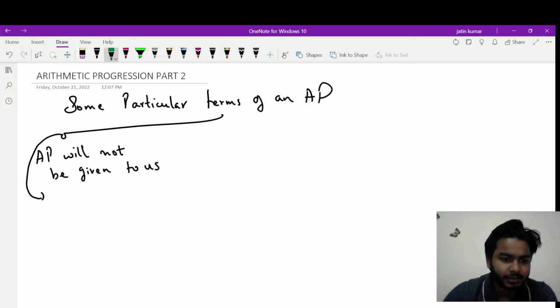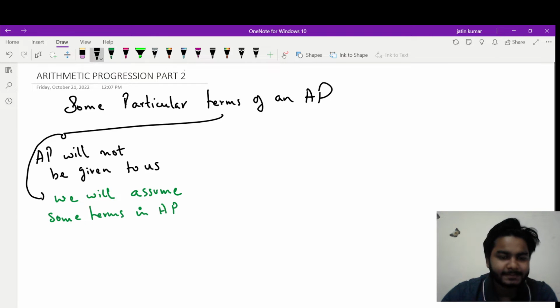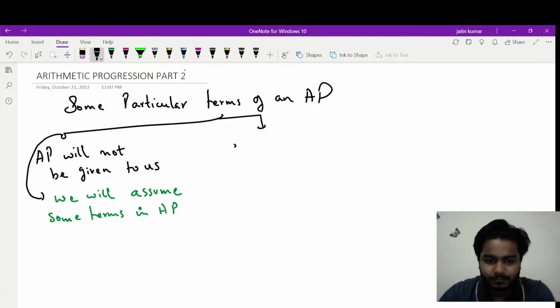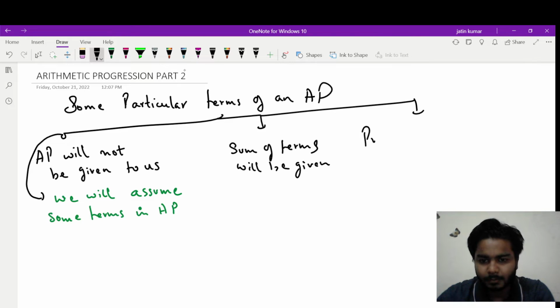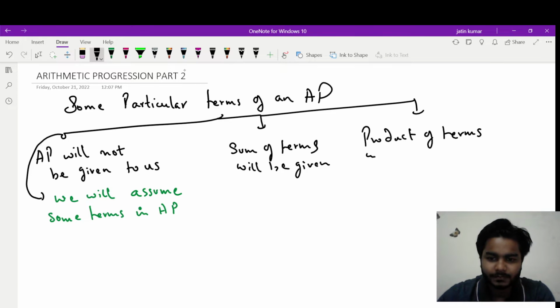And the second thing is the sum of terms will be given, and also the product of terms will be given.